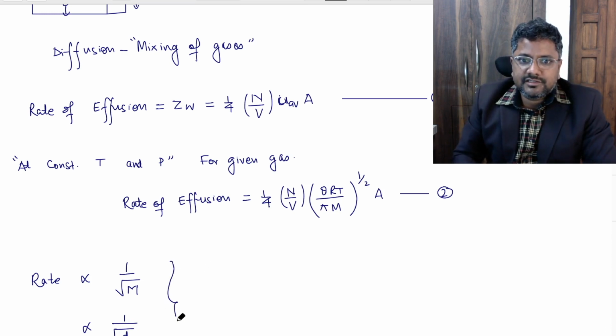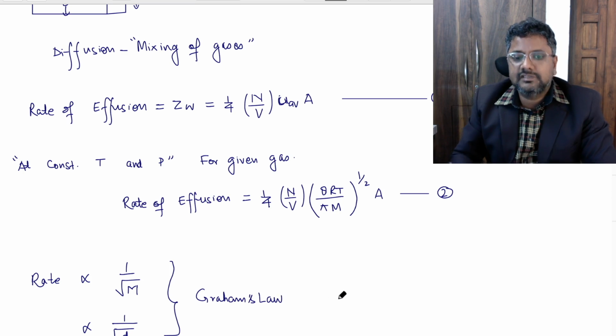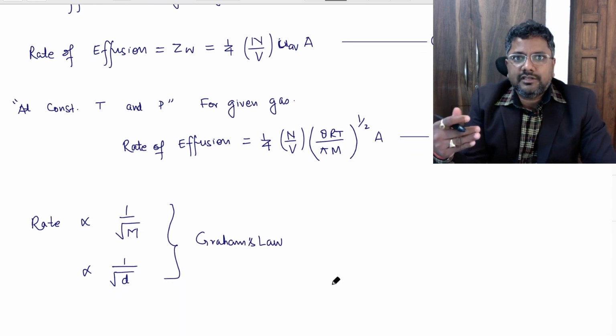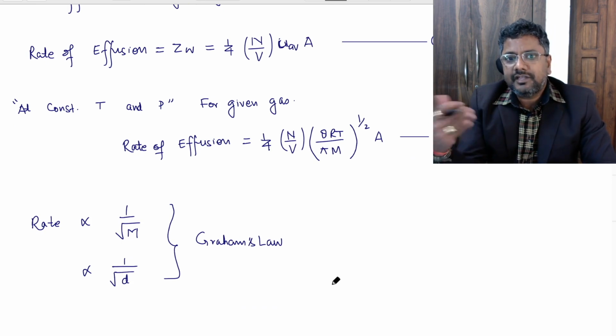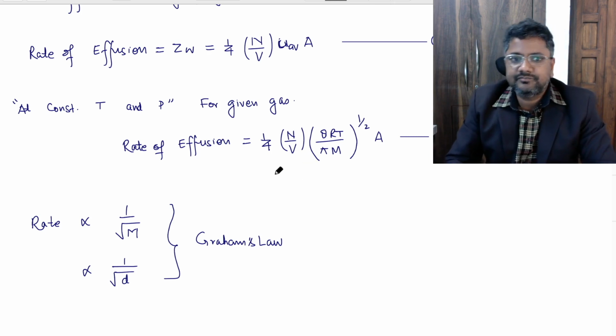These two relations are known as Graham's law. Right? Means the rate of effusion is inversely proportional to the square root of molar mass or square root of density if T and P are constant and for a given gas, right?